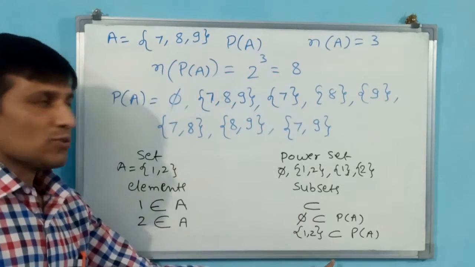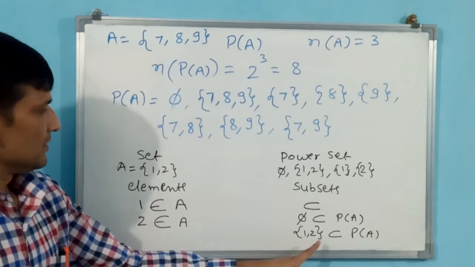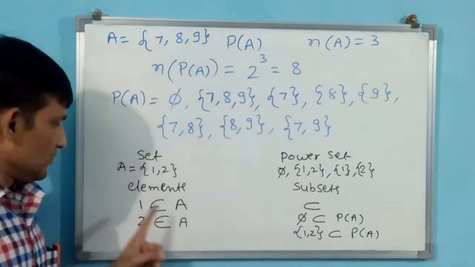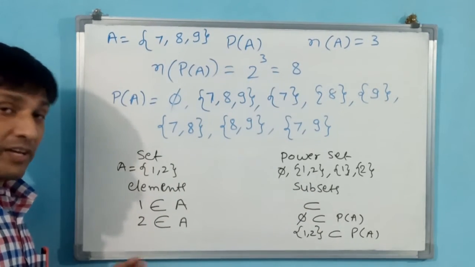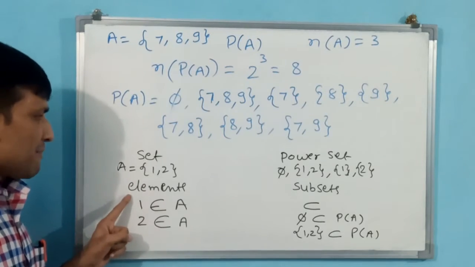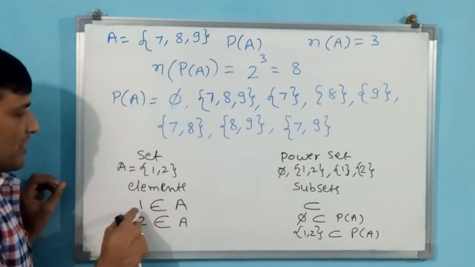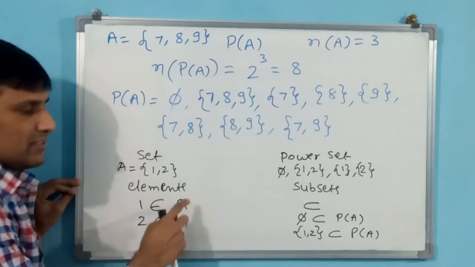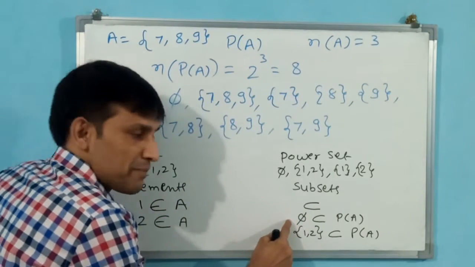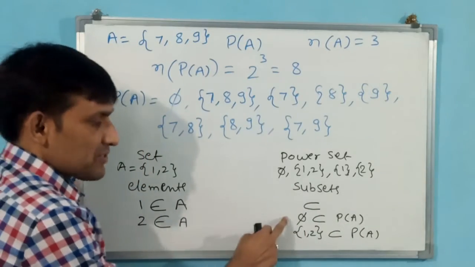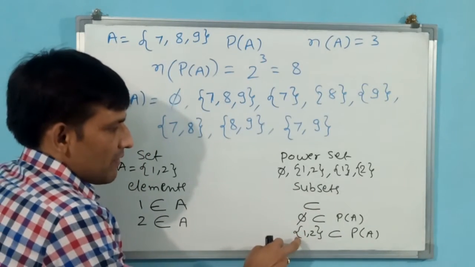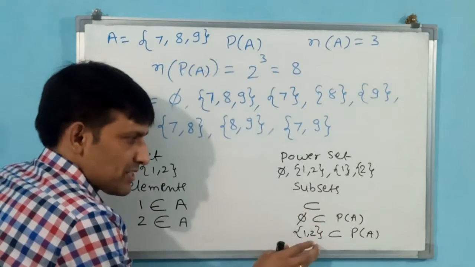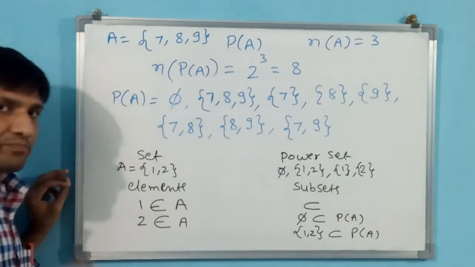This is subset, this is belongs to. See here, element, subset. Element belongs to set. Subset belongs to power set. Sorry, one subset is a member of the power set.